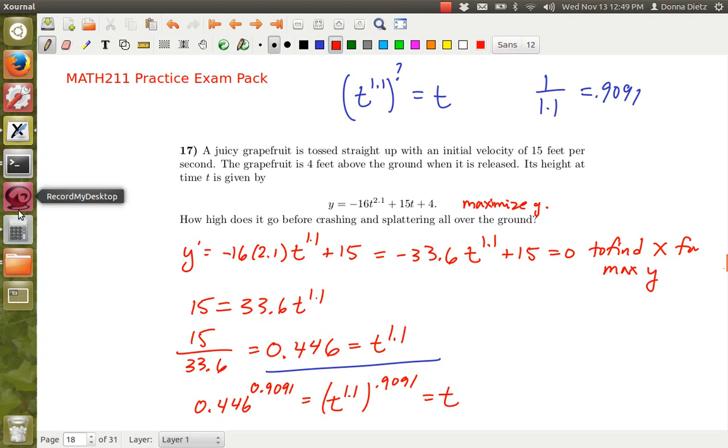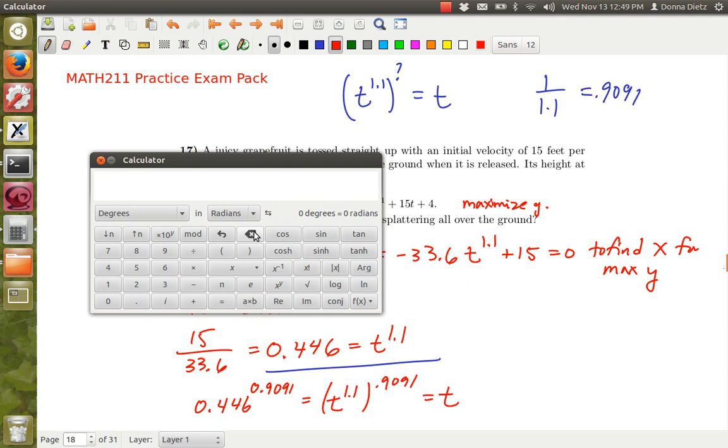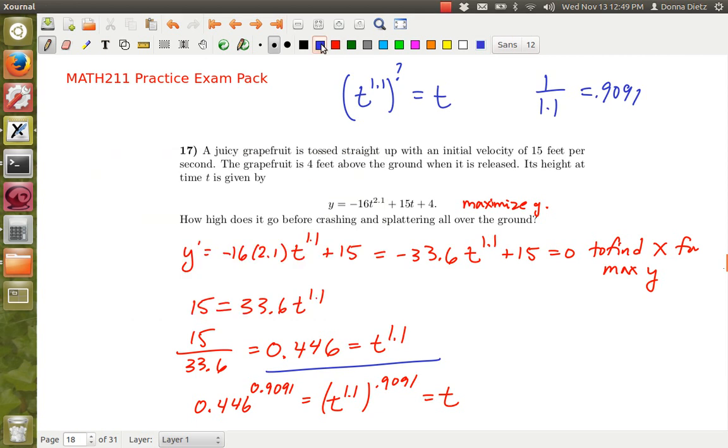And let's make sure that works. 0.446 to the power of 0.9091 equals, let's say 0.48. Okay, so we say t is equal to 0.48.